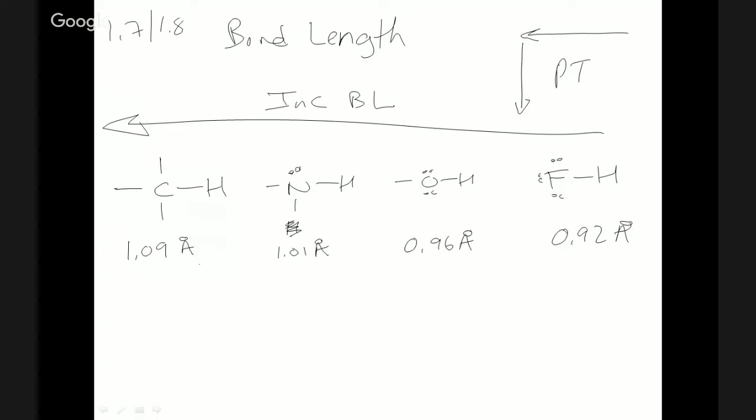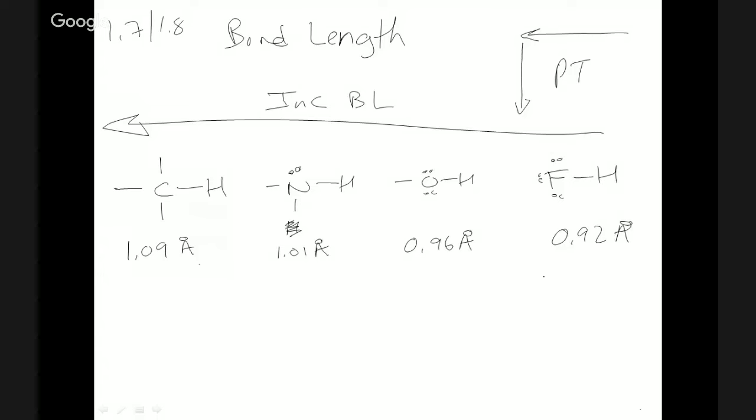The more electronegative atom is the opposite direction. Okay, so because the more electronegative fluorine, for example, holds electrons closer to the nucleus, that draws the H ever so closer. Okay, that's kind of a good way to think about it.